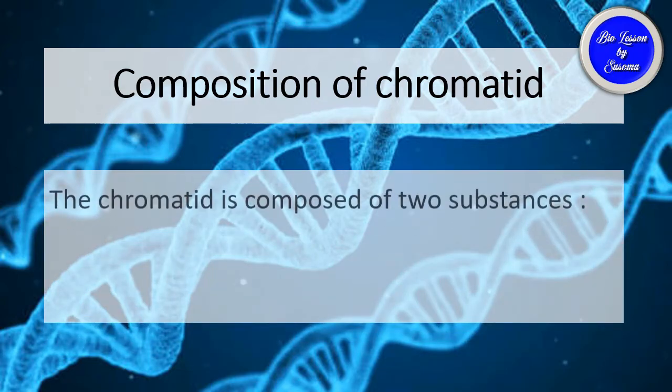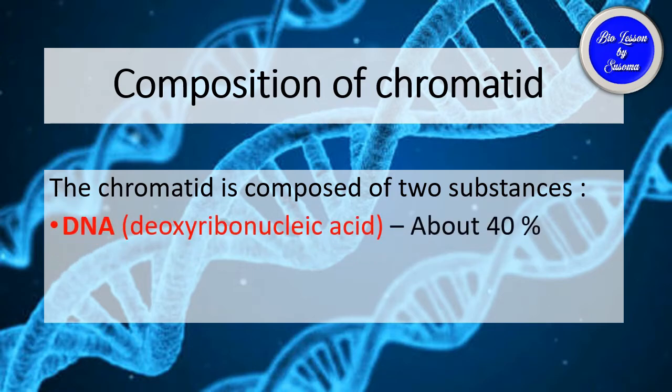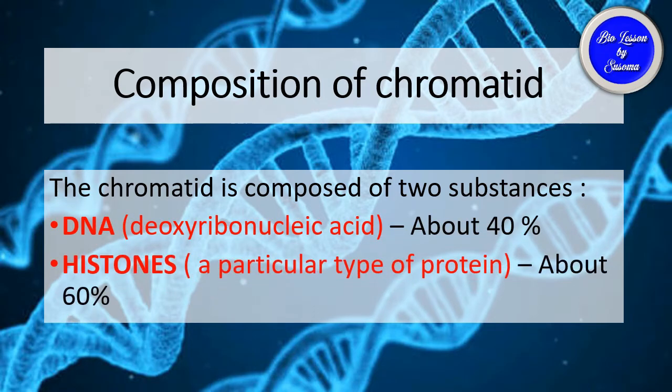The chromatid is composed of two substances, DNA and histones. DNA, or deoxyribonucleic acid, is present about 40% in the chromatid, and histones are a particular type of proteins which are present about 60% in the chromatid.